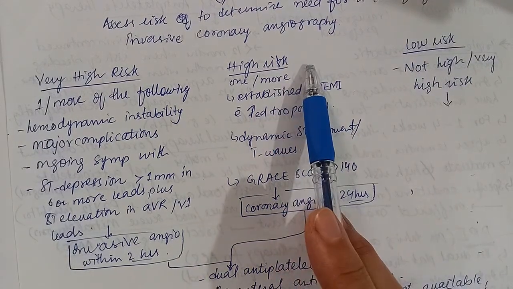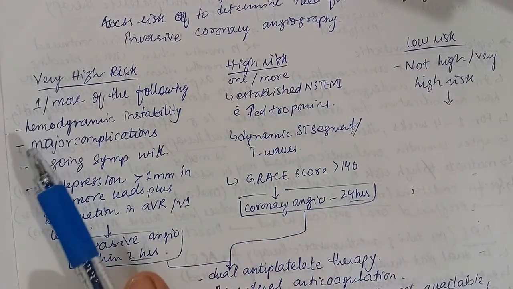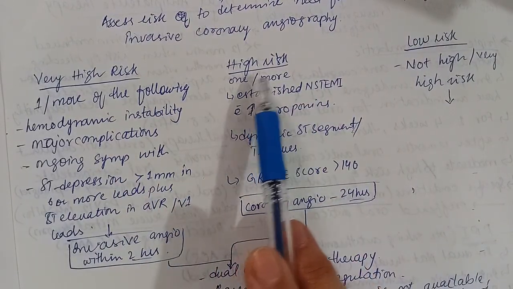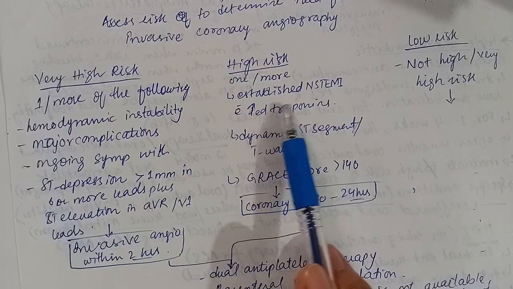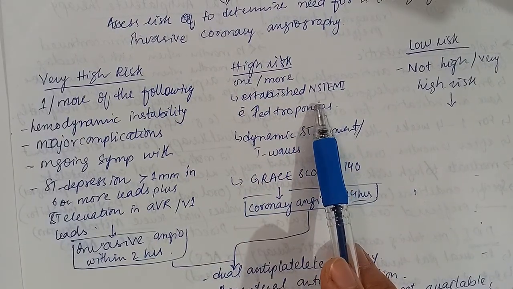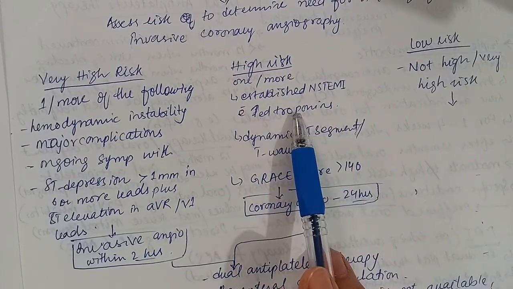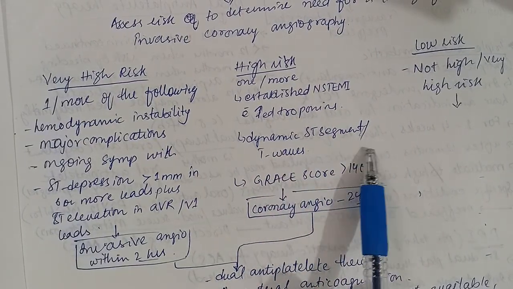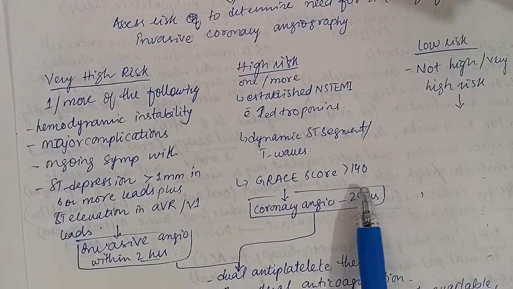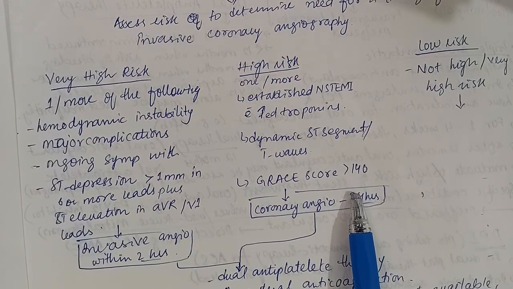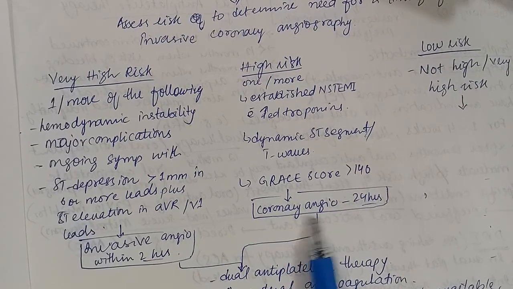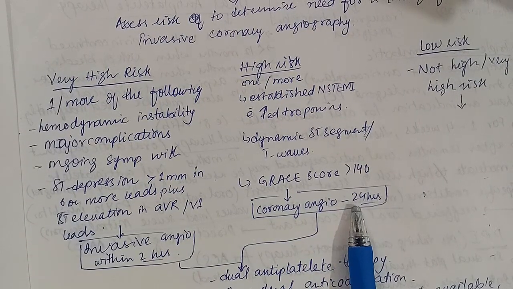And if the patient is high risk, that is one or more of the following: established diagnosis of a non-ST elevation MI with increased troponins, dynamic ST segment or T wave changes, a Grace score of more than 140, and ongoing symptoms, we are going to do the coronary angiography within 24 hours.